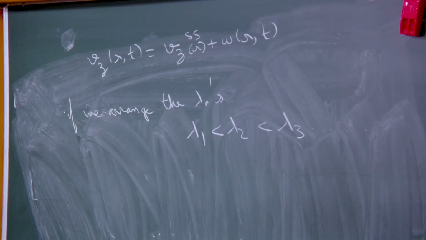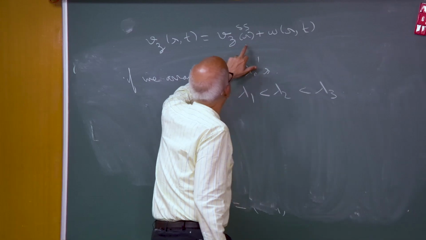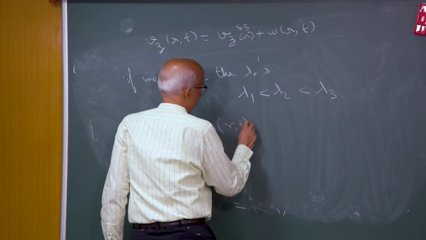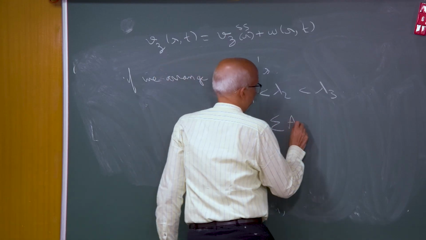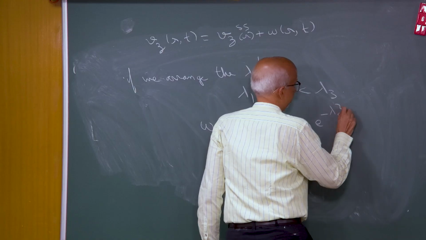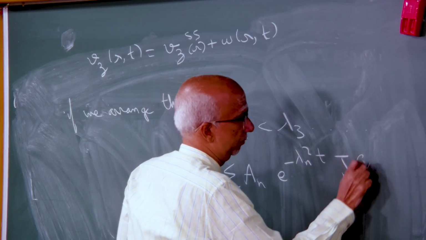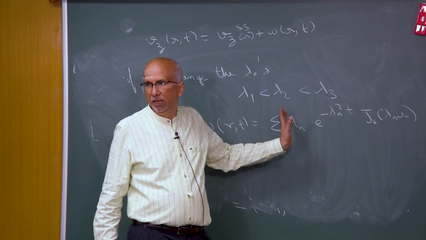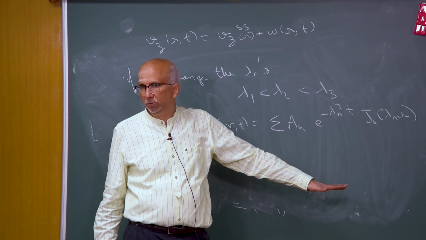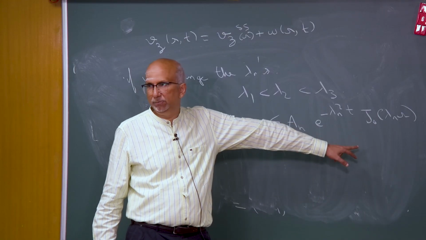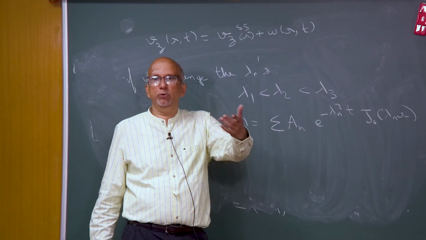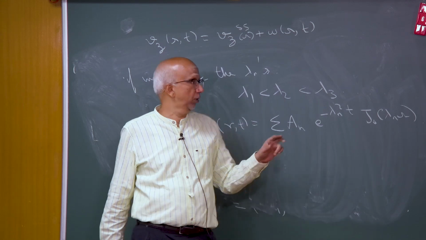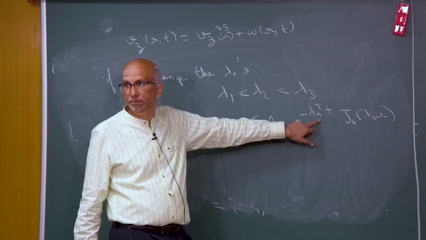If lambda is very large, what is going to happen? The contribution to W, if lambda_n is very large, is quickly going to go to 0 because it is e power minus a large number times t. So the one which gives you an idea of how much time it takes to reach steady state is the lowest eigenvalue.